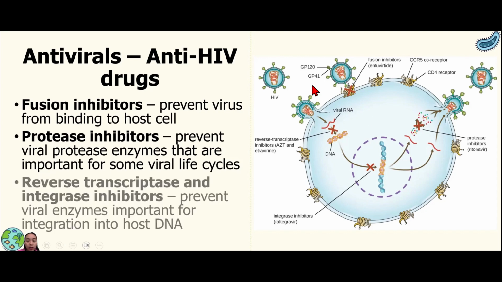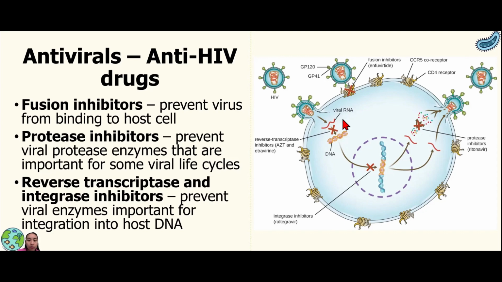And then we also have reverse transcriptase inhibitors as well as integrase inhibitors. These are for viruses that are retroviruses, meaning that their genetic material is RNA. They convert their RNA to DNA using reverse transcriptase, and then that DNA gets integrated into the host cell. For example, HIV does this a lot.